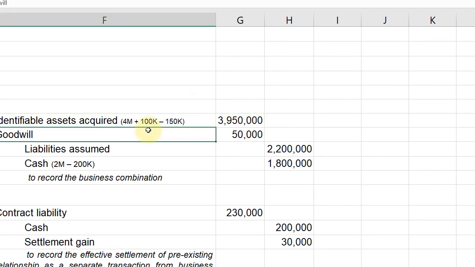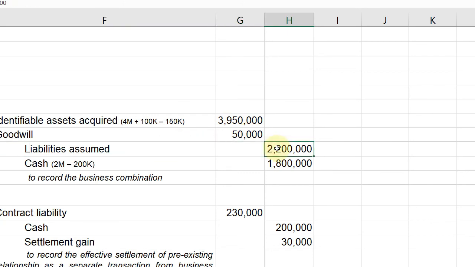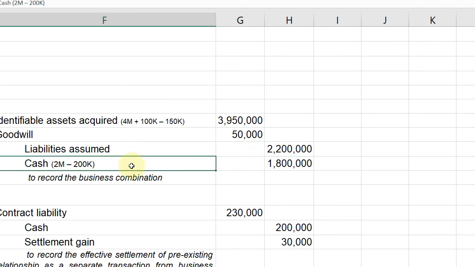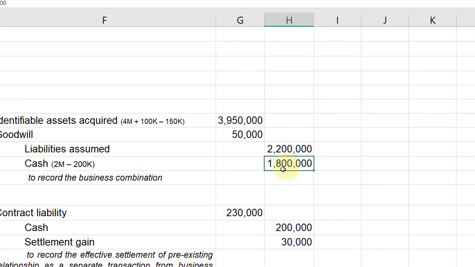You record the goodwill at 50,000. You record the liabilities assumed at 2 million, and then you record the cash adjusted 2 million minus the off-market value of 200K, you get 1.8. Okay, that's how you record the business combination with reacquired rights.